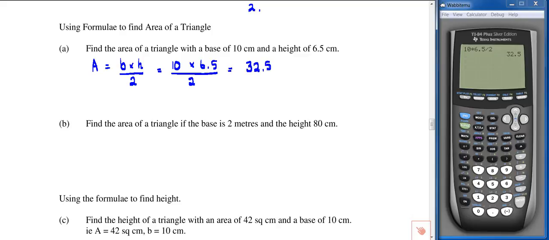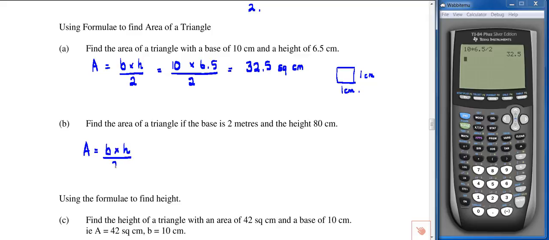Now the answer isn't centimetres, we're looking at units of area, so it's how many squares of 1 centimetre by 1 centimetre are in this triangle, and it is 32.5 square centimetres. Think of a square centimetre as a little square with dimensions 1 centimetre by 1 centimetre. So 32.5 of those.